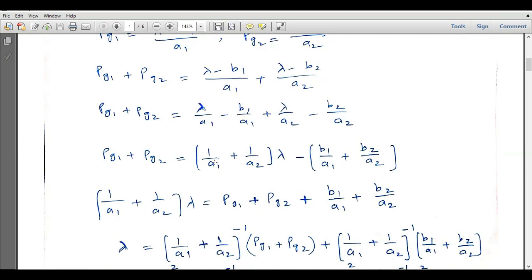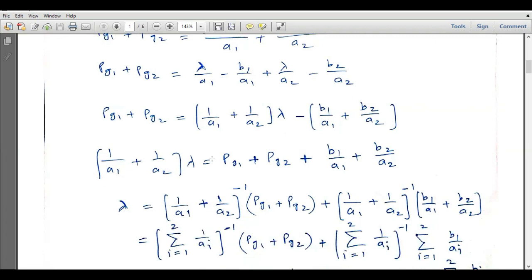This lambda term can be kept over here, and this term can be taken to the left-hand side. So 1 over a1 plus 1 over a2 times lambda is equal to PG1 plus PG2 plus b1 over a1 plus b2 over a2. So lambda will be equal to 1 over a1 plus 1 over a2 inverse into PG1 plus PG2, plus 1 over a1 plus 1 over a2 inverse into b1 over a1 plus b2 over a2.